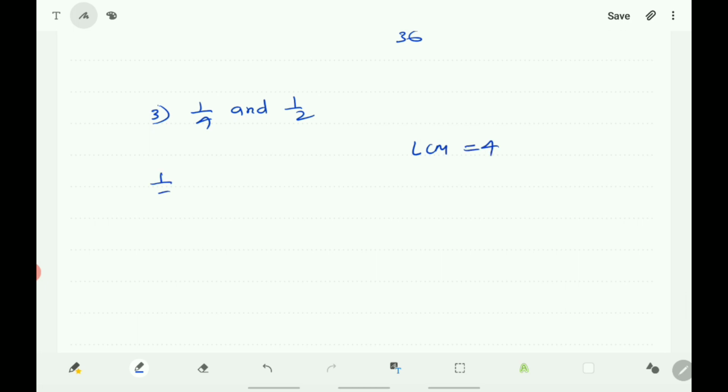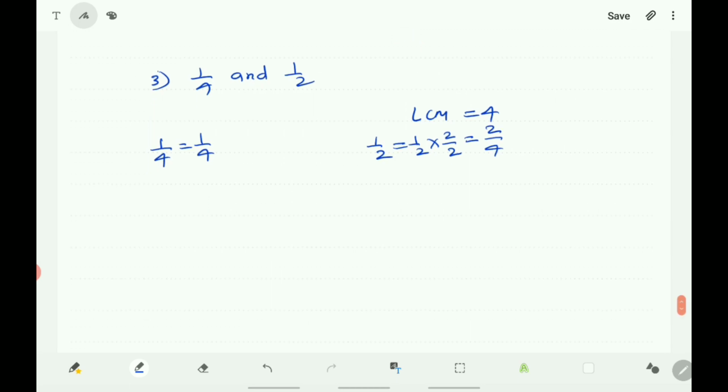Now you take first one 1 by 4, that is equals to 1 by 4 only, because the denominator is 4 here. You keep it as it is. Next you take 1 by 2. So here 1 by 2, the 2 is the denominator. So it must be 4, means you multiply both numerator and denominator by 2. You will get 2 by 4.